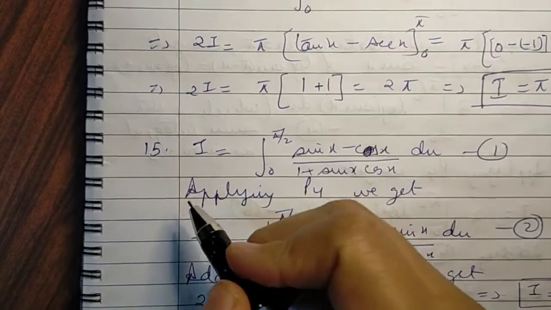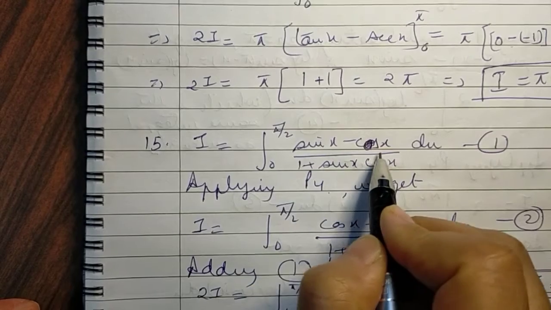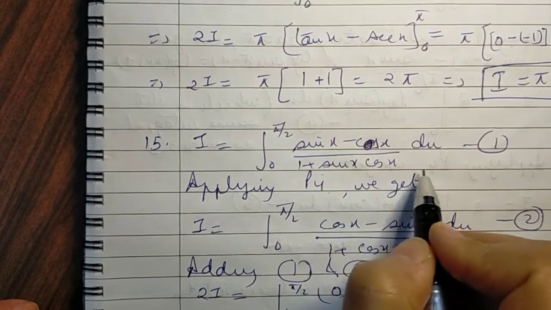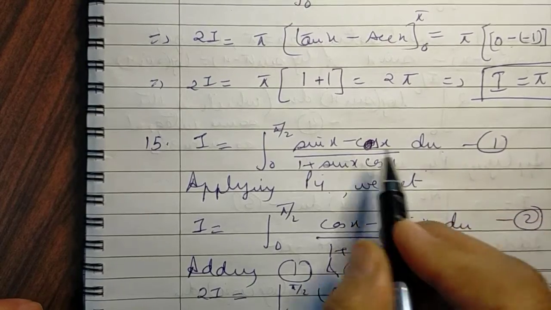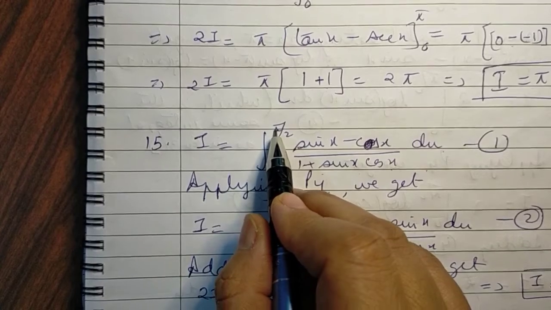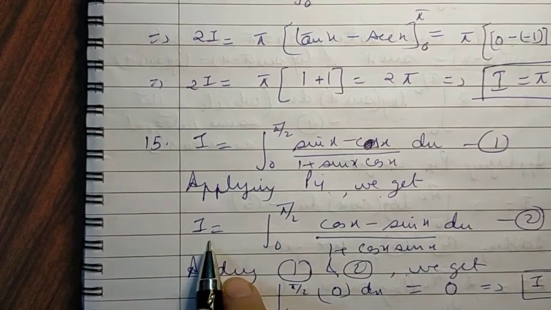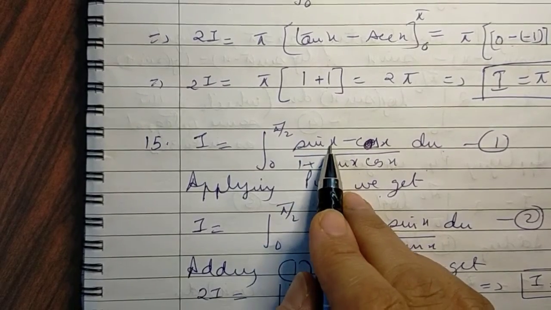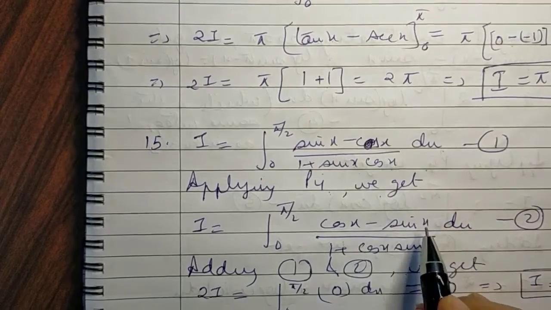On the same lines, we can try out question number 15, which is the integral from 0 to pi by 2 of sin x minus cos x over 1 plus sin x cos x dx. Now again, because it is of the category 0 to a, we apply property P4, and so I comes out to be, sin of pi by 2 minus x is cos x, cos of pi by 2 minus x is sin x.